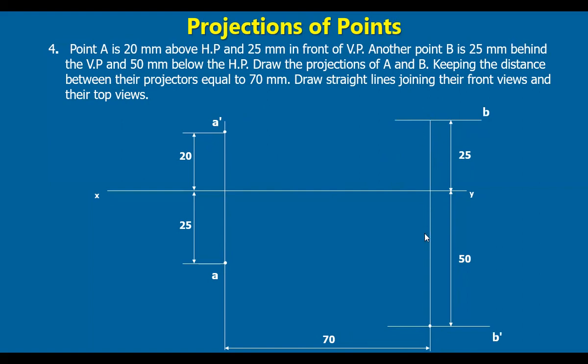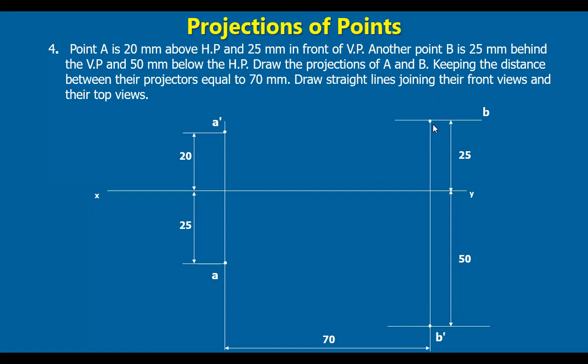Similarly, the front view of B must be lying on this line as well as on this projector. So identify this intersection point and mark it as B dash.